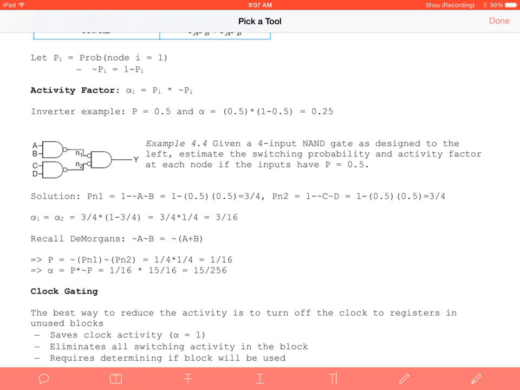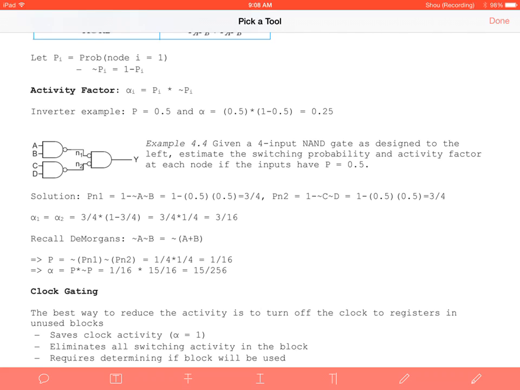power consumption. Now, remember, somebody said, oh, this just got real because we got 15 over 256. But if we have a 4-input logic gate like we have here, you have 256 possible switches, like 0, 0 to 0, 1 or 0, 0 to 1, 0. There are 256 possible input combinations, of which 15 will result in a 0 to a 1 switch.